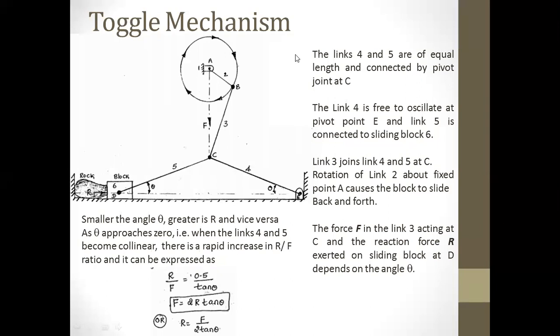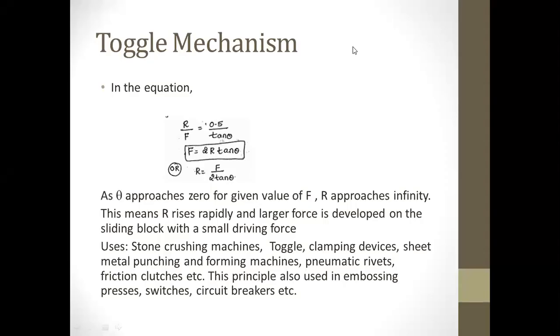So what will be the reaction force? It will be the maximum force. If you look into this particular equation, R by F is equal to 0.5 divided by tan theta, F is equal to 2R tan theta, or the reaction force can be written as F by 2 tan theta.